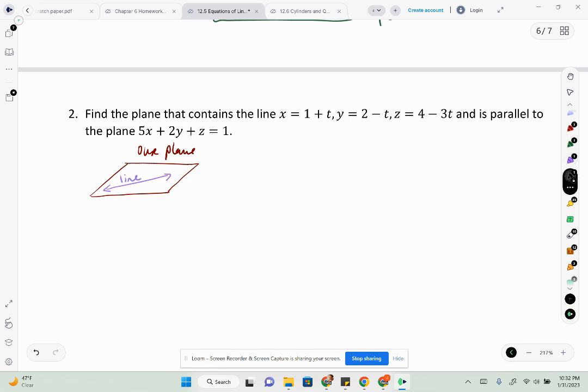We are also told that there is another plane out there in the world that is parallel to our plane. Okay. The parallel plane has a normal vector.